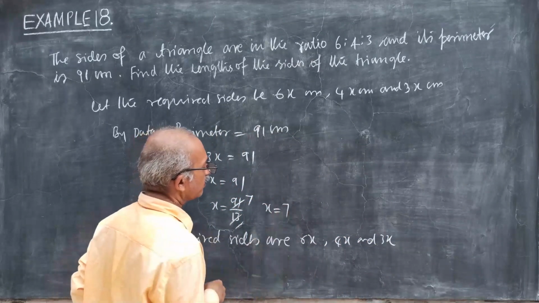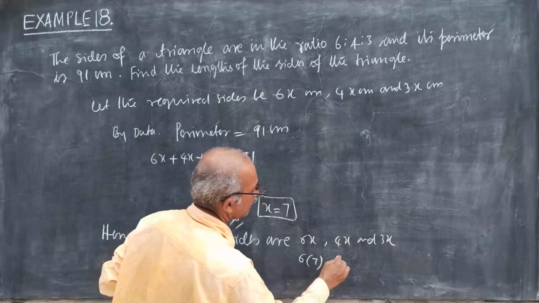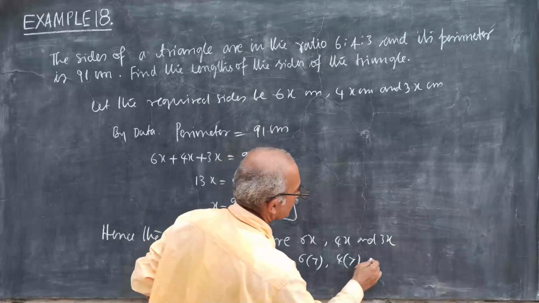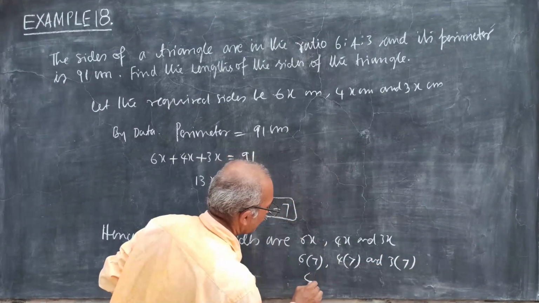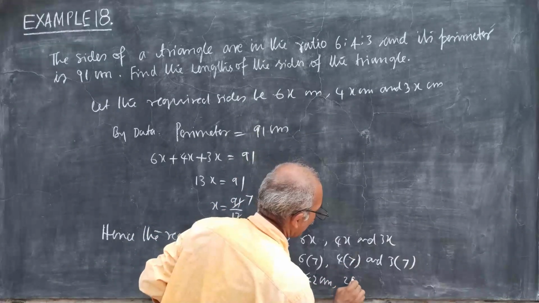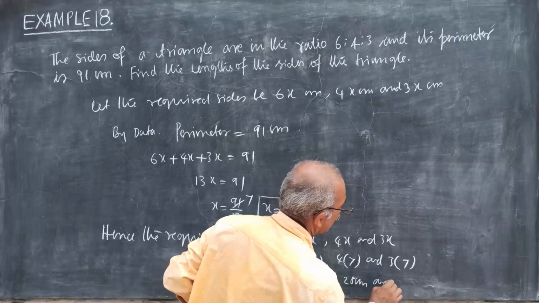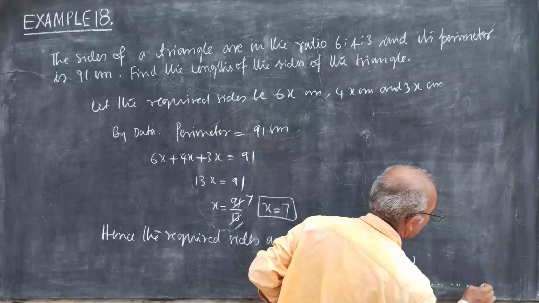Here x is equal to 7. So 6 into x, 4 into x and 3 into x: 42 centimeter, 28 centimeter and 21 centimeter. This is our required answer.